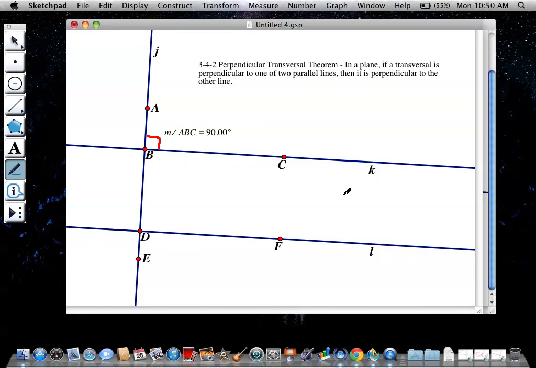Okay. K and L are parallel. So if K and L are parallel, that means that this angle here is also 90 degrees. Because if they're parallel, corresponding angles are supposed to be congruent. So if this one is perpendicular at 90 degrees, that means this one also is perpendicular at 90 degrees.